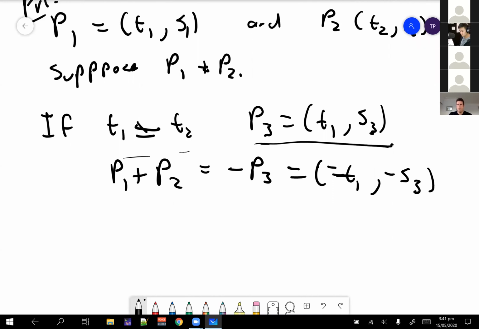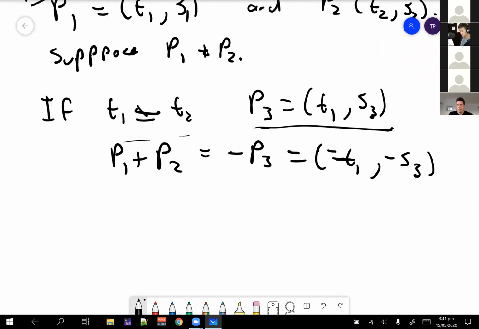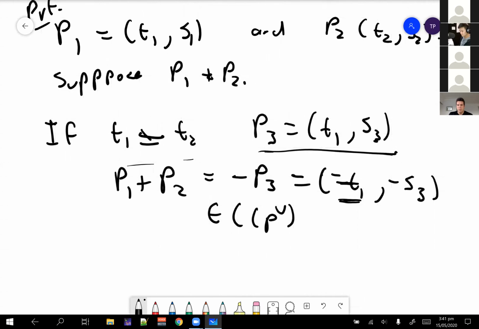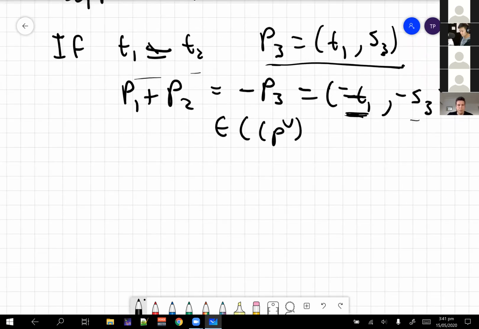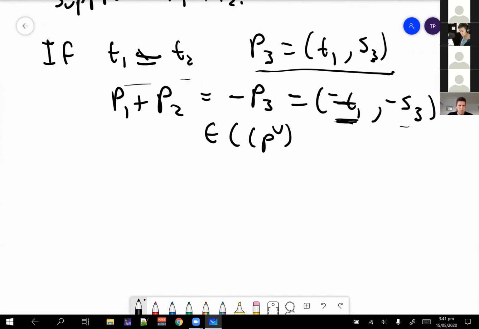So P1 plus P2 is indeed a point inside of C of p^v, because we assume that these points themselves are inside C of p^v, and for any point on the elliptic curve, if the first coordinate has a constraint, then the second has a constraint over the p-adics. So that's the case t1 equals t2.